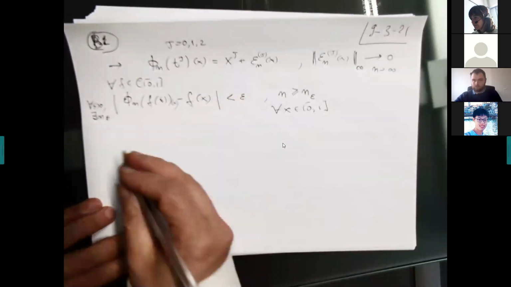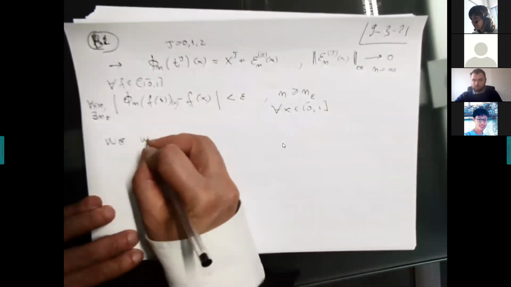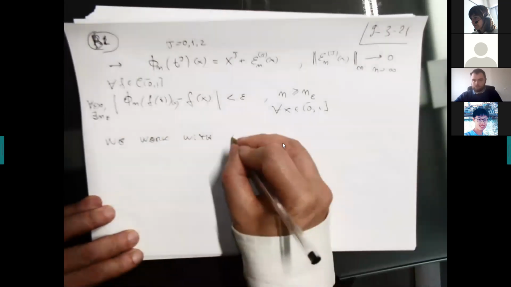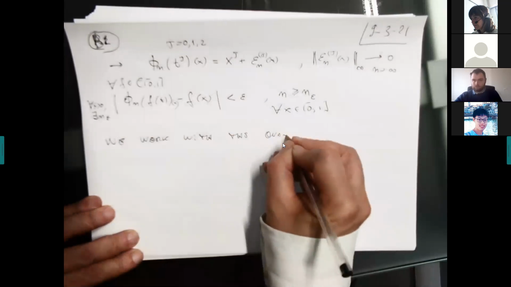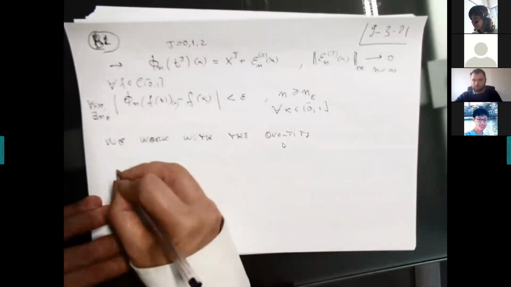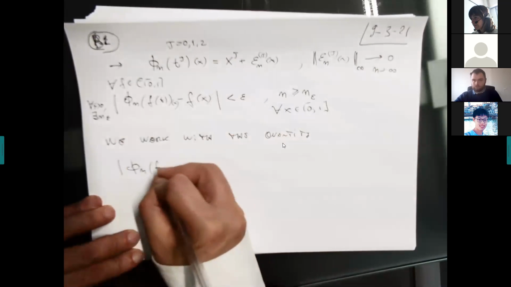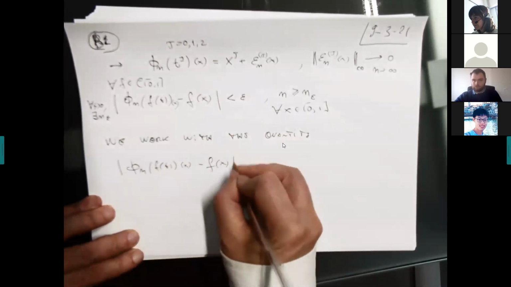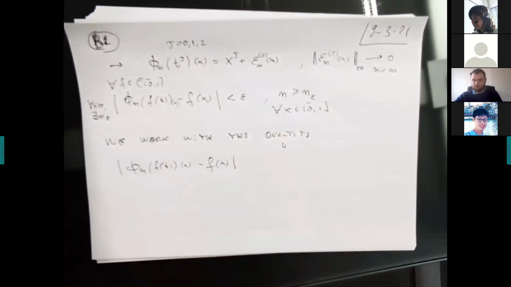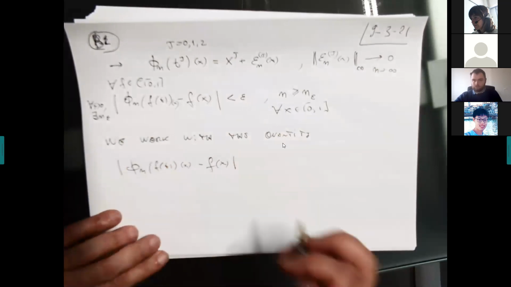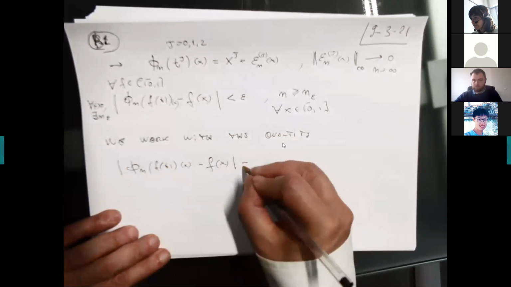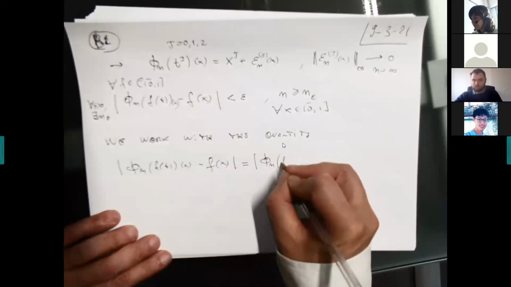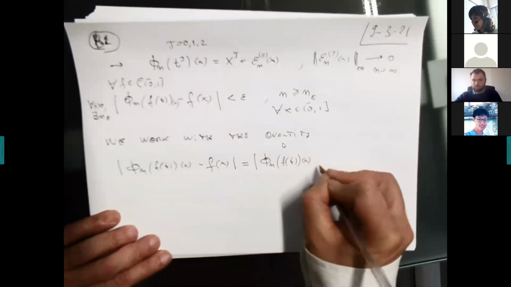Okay? So we work with the quantity phi n of f of t in x minus f of x, and take into account that we only know that f is continuous. Now we observe that this can be written as phi n of f of t in x minus.